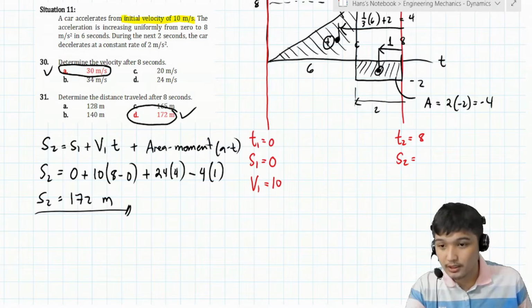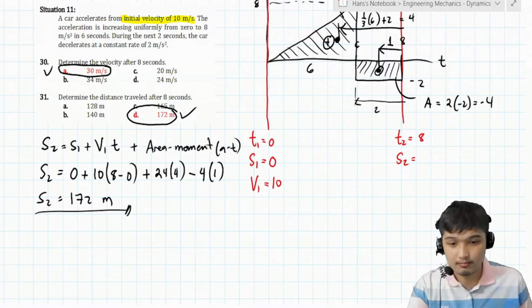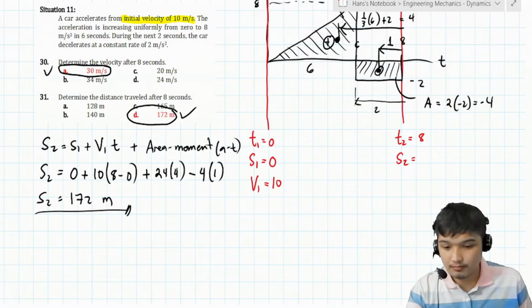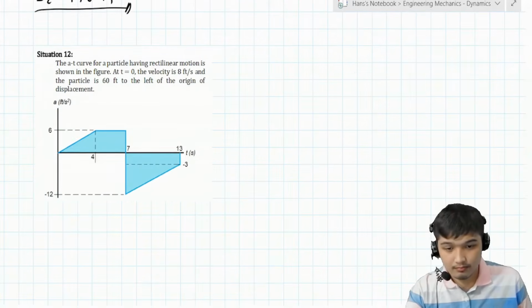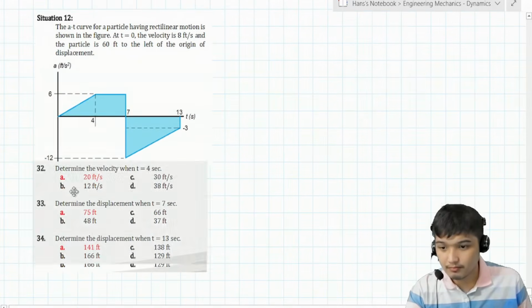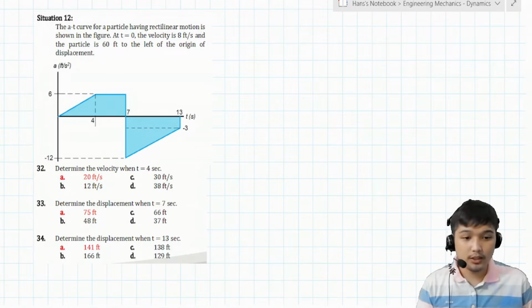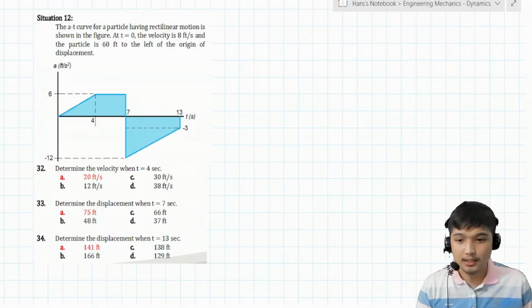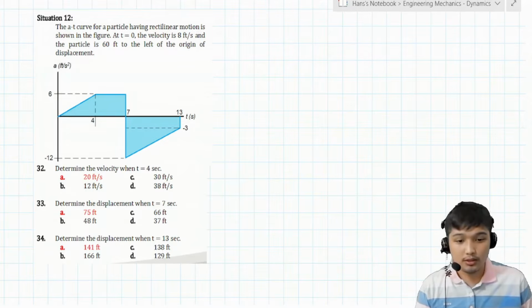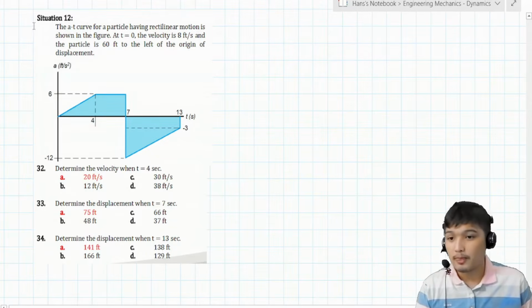Kunin ko lang, guys. Ayan, guys. Last item na tayo. So, situation 12. The acceleration time curve for a particle having a rectilinear motion is shown in the figure.